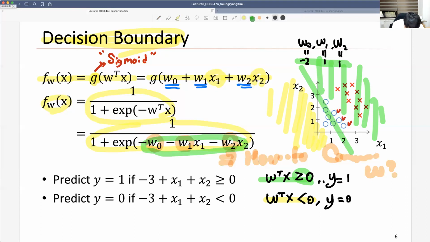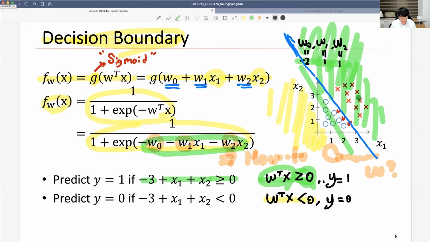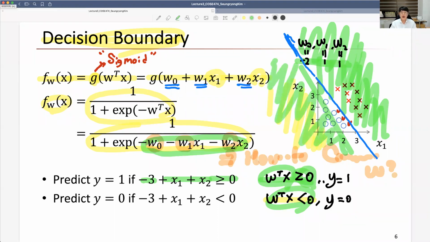Then the optimal classification rule should be something like this, right? Maybe if W transpose X is larger than 0, the positive region lies here, or if W transpose X is smaller than 0, the negative side should be defined here, right? So this is one of the best solutions of this classification problem.